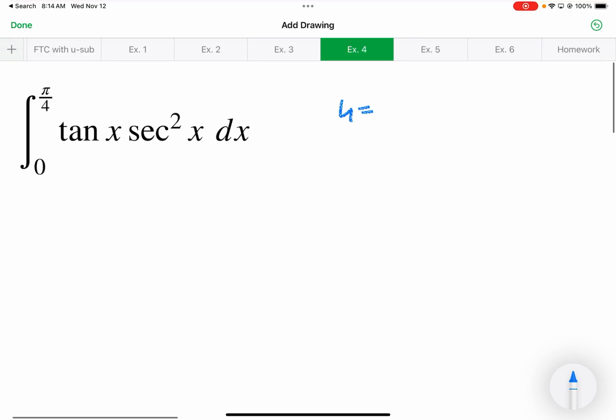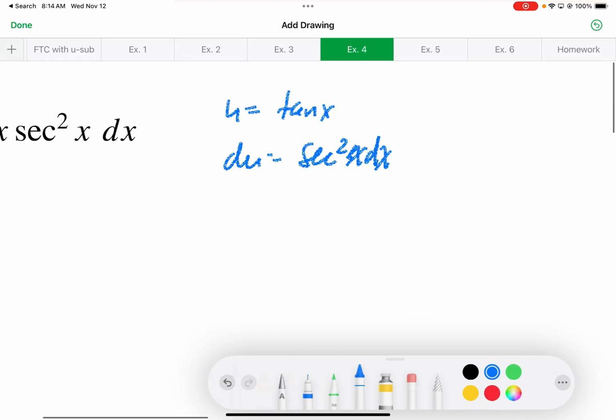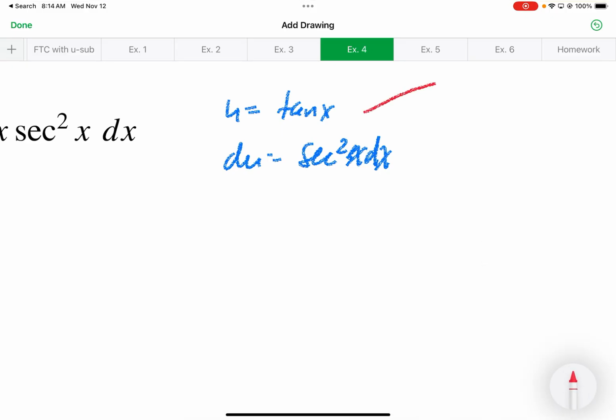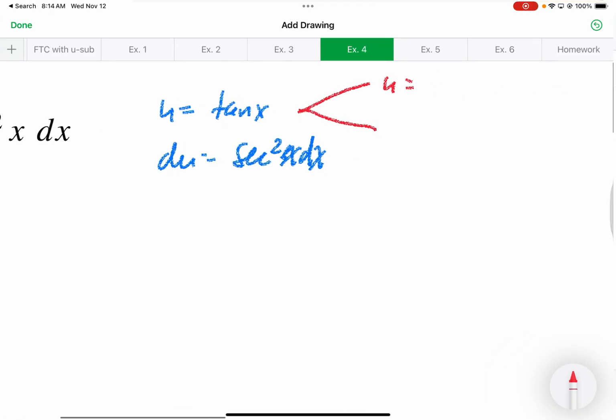But you guys said tangent first. So let's let u equal tangent. So then du is going to equal secant squared x dx. I have that. Super. So then let's change my limits. My limits were 0 to pi over 4. So let's say top limit is pi over 4.